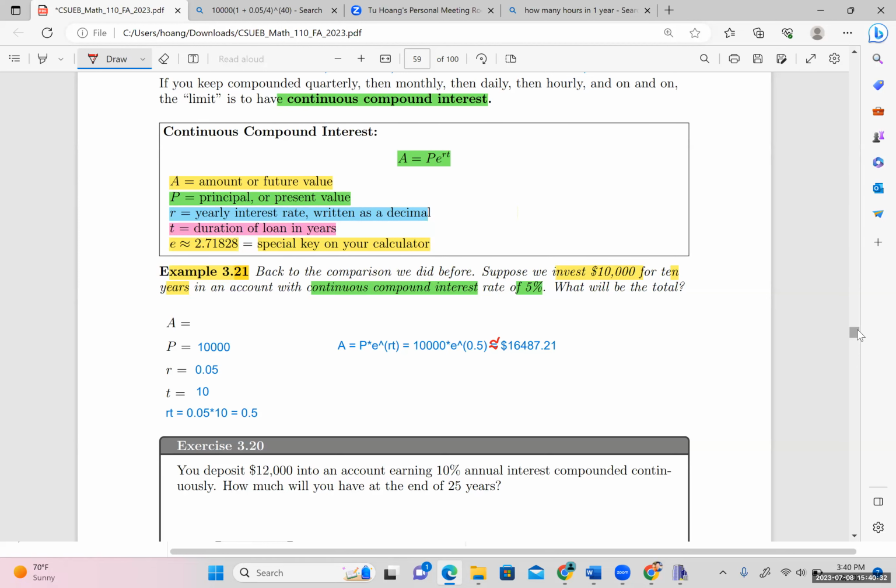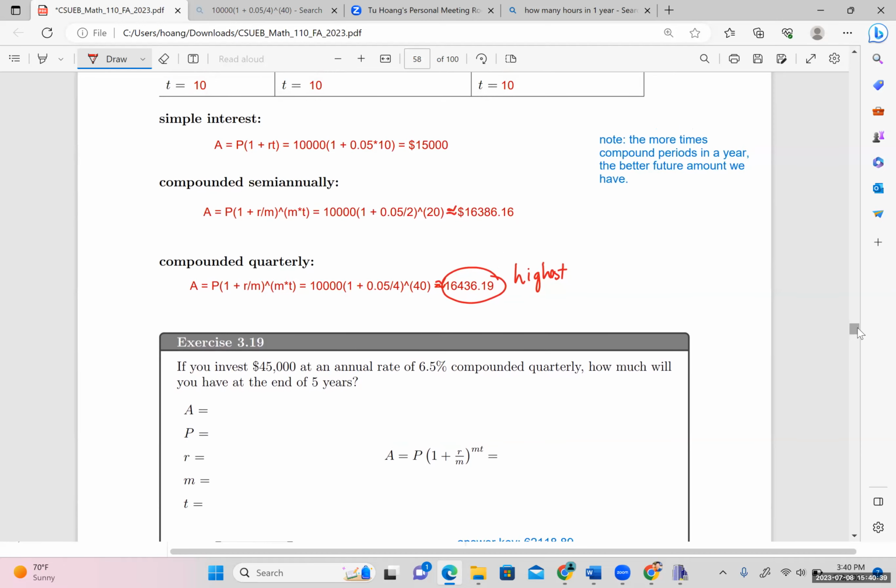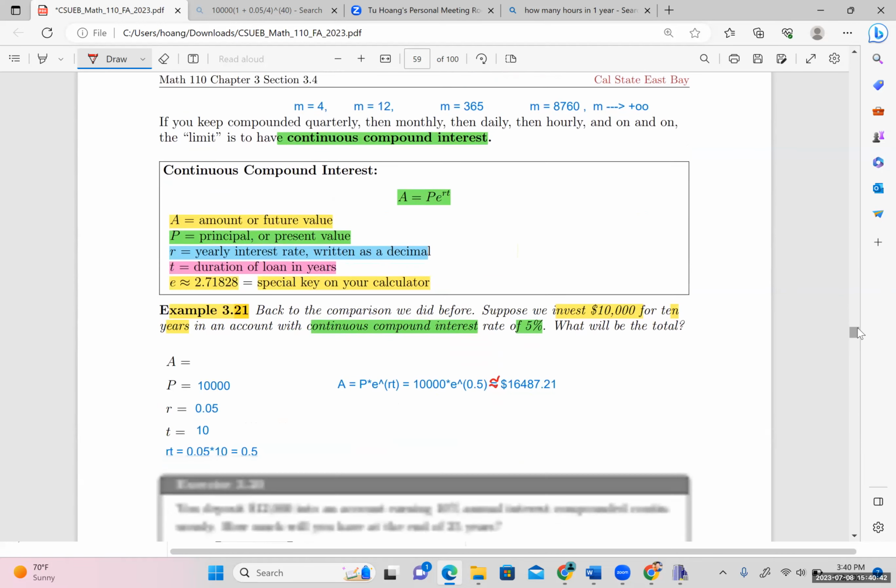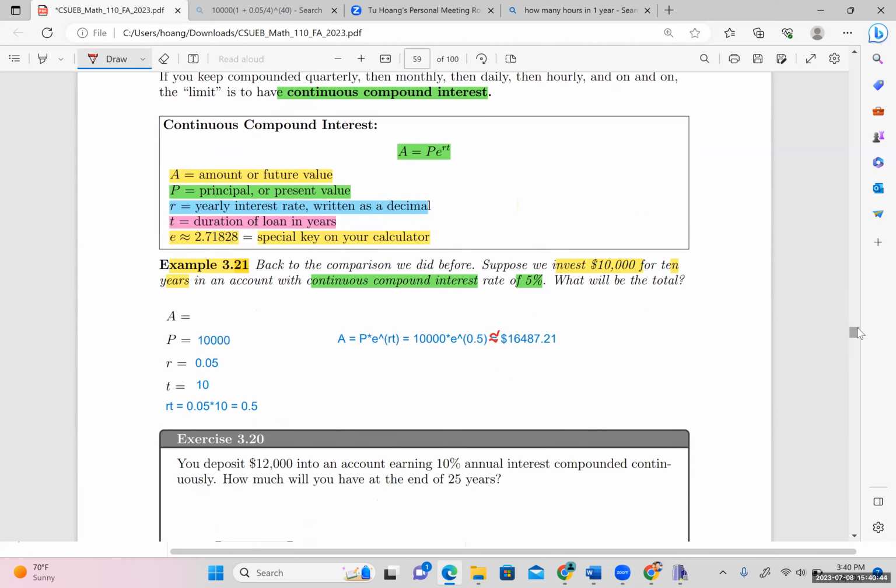Compared to the quarterly, which was 16,436, this one is absolutely higher. So I'm going to say this is the highest amount compared to other compound interest.